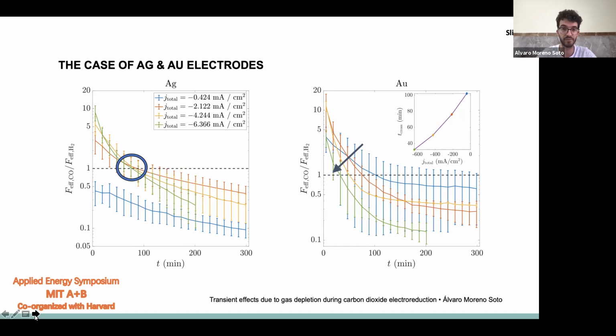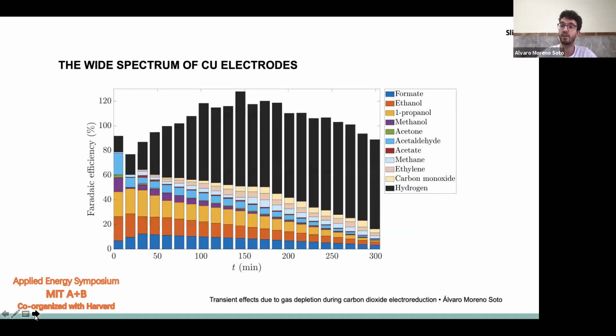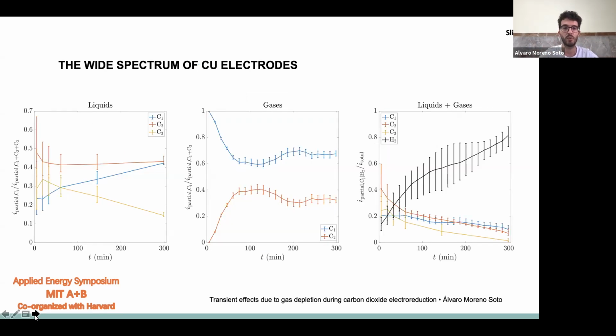So for copper electrodes, you can see that there is a wide variety of products that we can obtain. You see the level of reaching 100% Faraday efficiency, not always exactly 100, but always around that level. Mostly, I want you to take home the message that the more energy we put into the system, the more likely we are to obtain higher carbon products like propanol, acetaldehyde, and acetone.